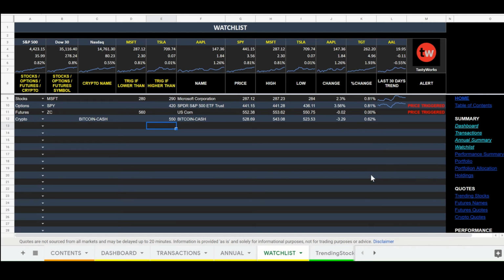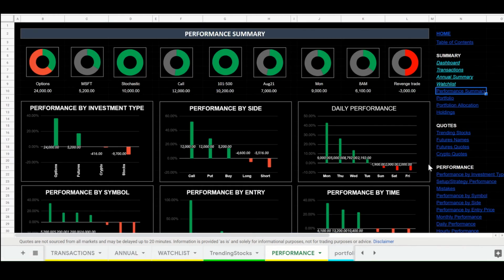So next, we covered all this in the previous tab. Now if you want to see what your best working strategy is, go to the performance summary. Look at all this great stuff. You can see what's working for you. For this one, it shows that options trading works the best, and Microsoft gave you the most profit.